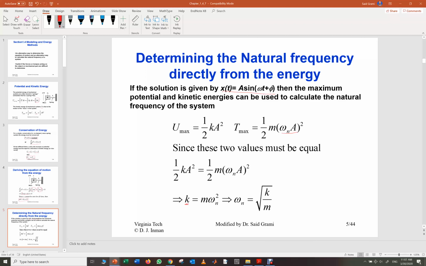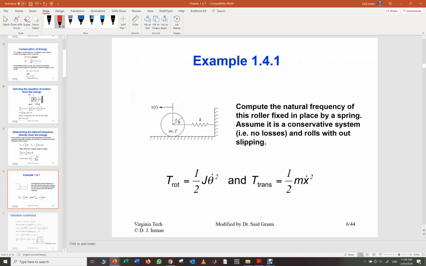So omega n is the square root of k over m. When we have a mass-spring system, the natural frequency is given by this equation. We can find it using the free body diagram, and you can find it using the energy concept.